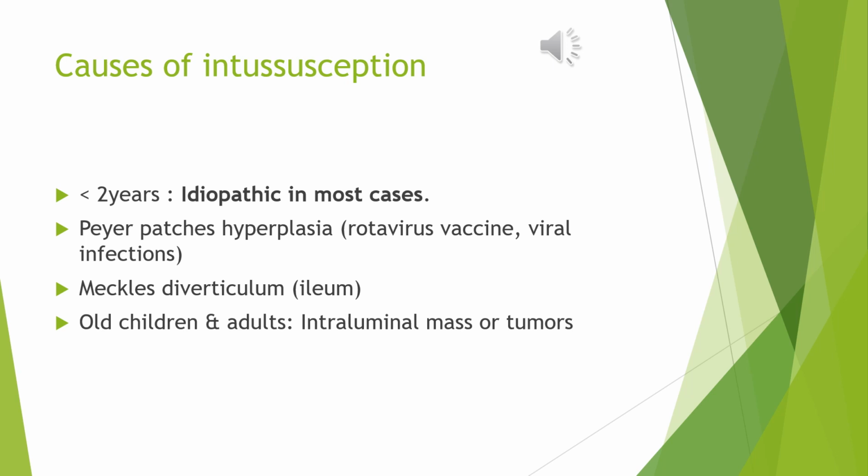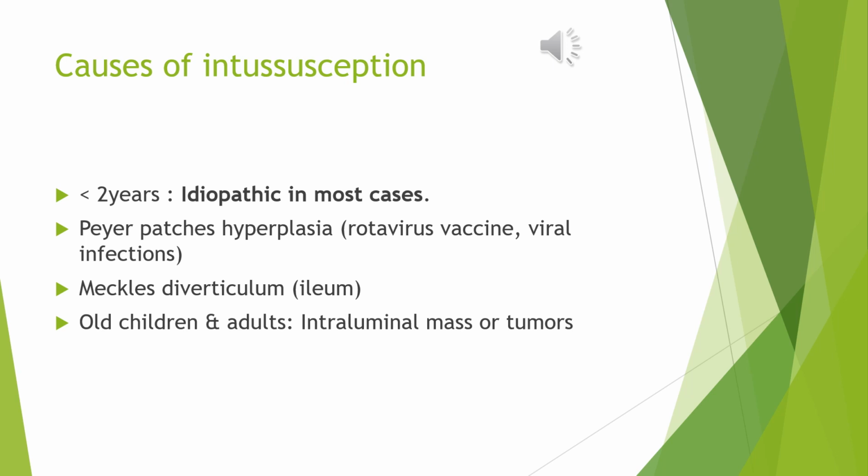The rotavirus is responsible for most cases of viral gastroenteritis in childhood. Also, another cause in this age group is Meckel's diverticulum, which is a congenital diverticulum located in the ileum. These areas of Peyer's patch hyperplasia or Meckel's diverticulum can be the leading point for starting the intussusception process.